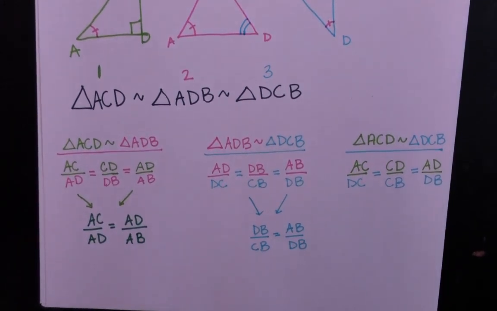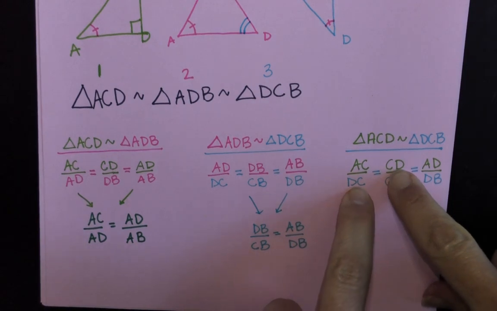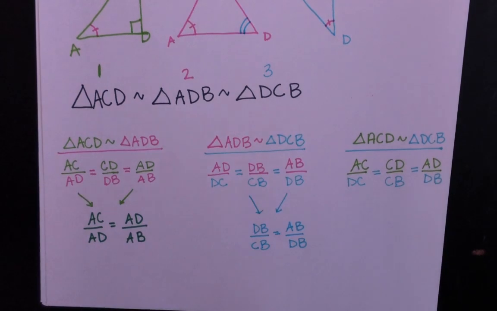I'm getting my highlighter out while I wait to see if you guys have found the repeated segment. There is one. Yep, you are correct. DC and CD, they are the exact same segment. We've just listed them a little differently.